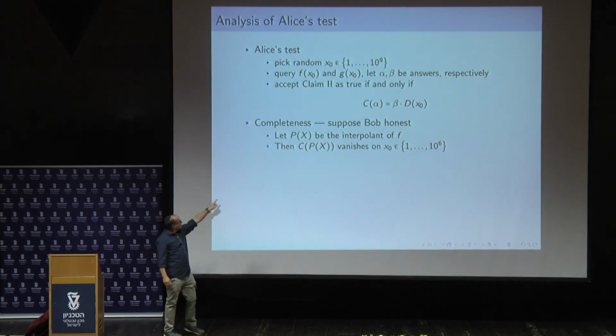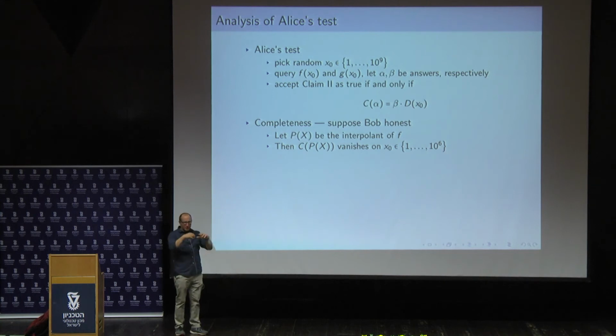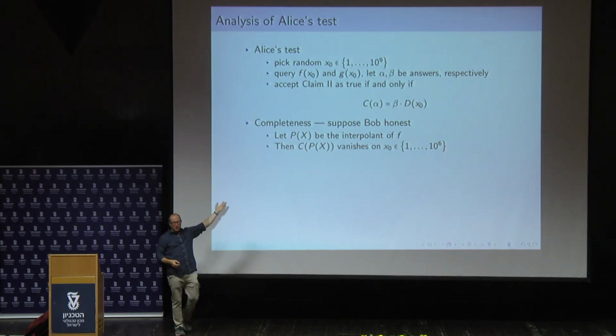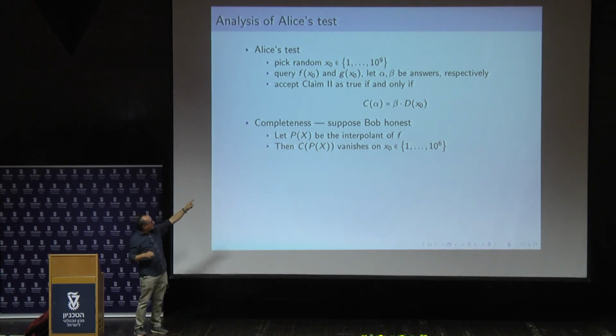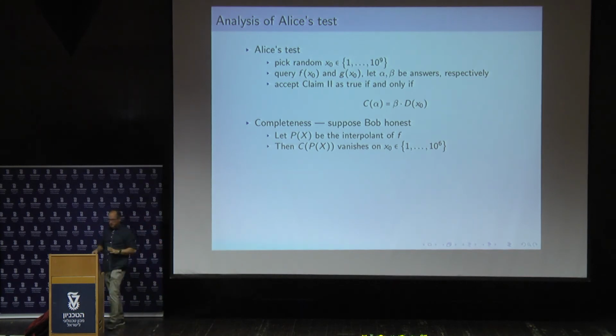Why? C is a polynomial, something that if it receives a number between 1 and 10, it spits out 0. And P has this property. It is something that gives you only numbers between 1 and 10 on the first million entries. What happens afterwards is, we don't care. So C applied to P of x really does vanish on all the domain. Okay.